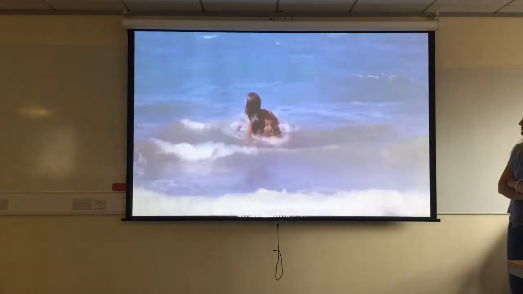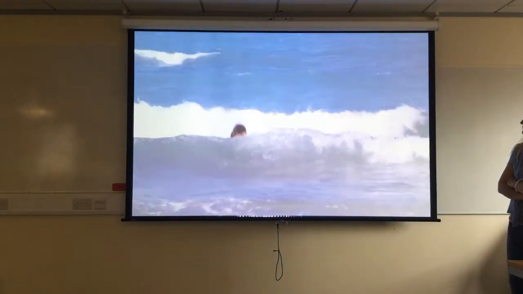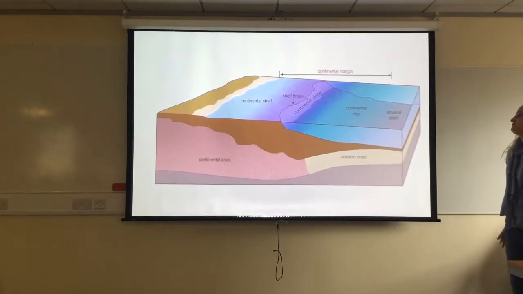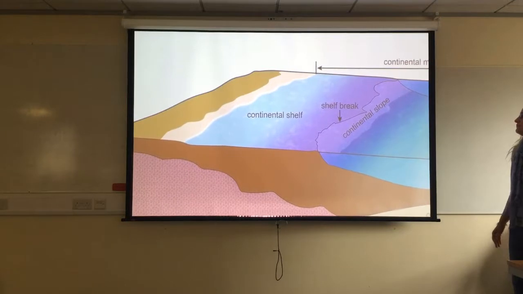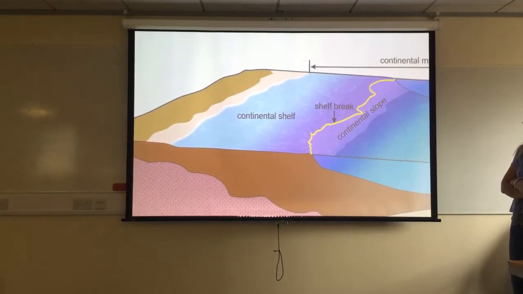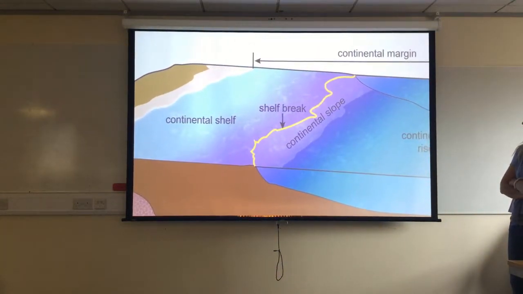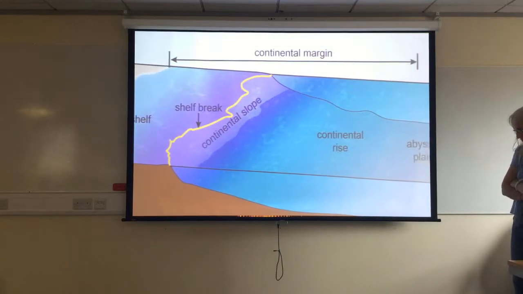But what about the regions of the ocean where not as much happens? Let's start by going for a swim. The portion of the continent that is underwater is called the continental shelf. When you wade out into the ocean, you are standing on the continental shelf. At the edge of the continental shelf, a sudden increase occurs in the depth. This marks the beginning of the continental slope. Once the rate of descent decreases again, the continental rise begins.